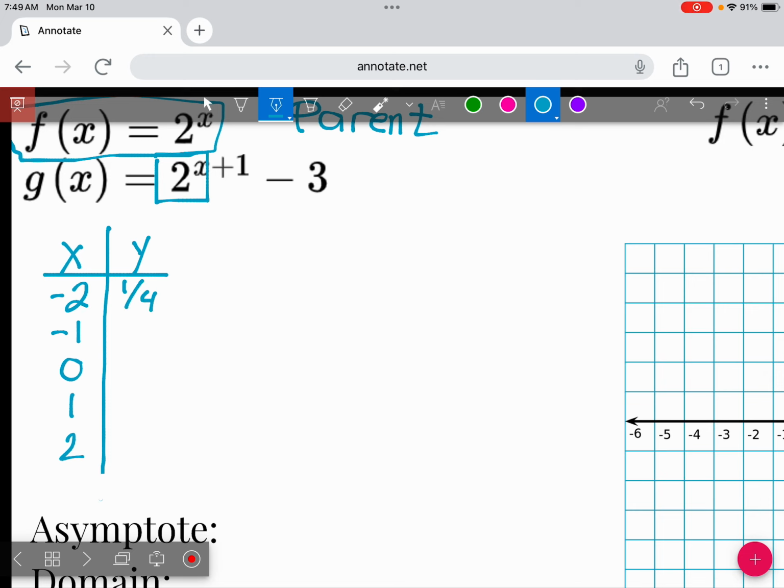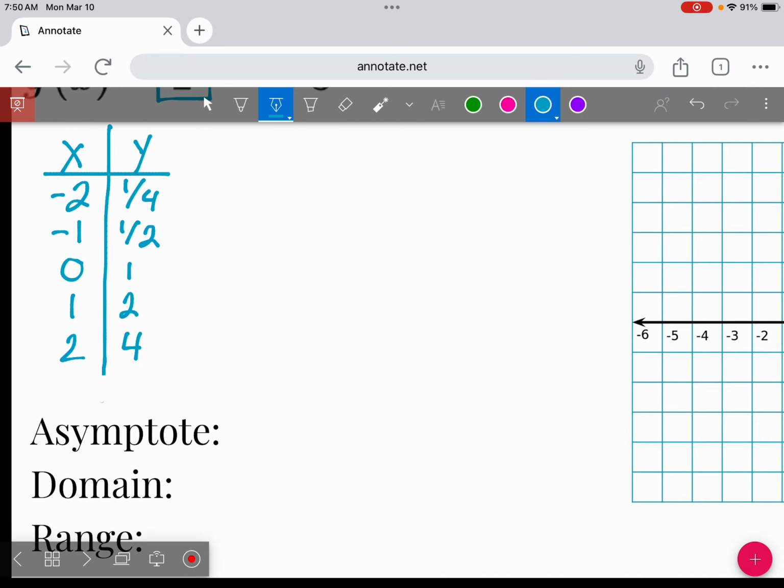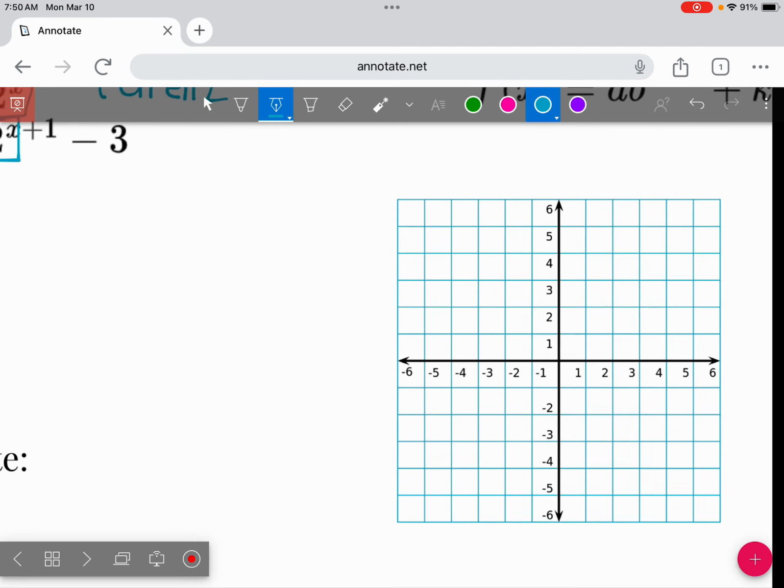And if we need to type these in the calculator, that's absolutely valid. To get our second graph, we won't need the calculator hardly at all. Our 2 to the -1, we get 1/2. 2 to the 0, anything raised to a 0 power is 1. 2 to the first is 2, and 2 squared is 4. And this is going to have an asymptote at y equals 0. I'm just going to put it right there at the bottom.